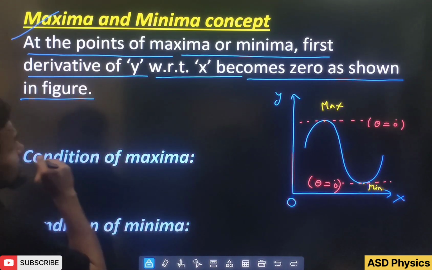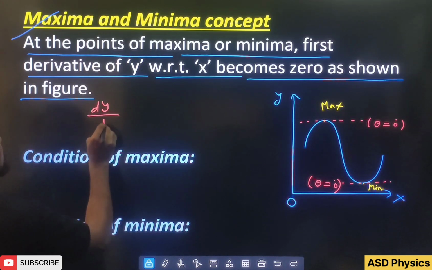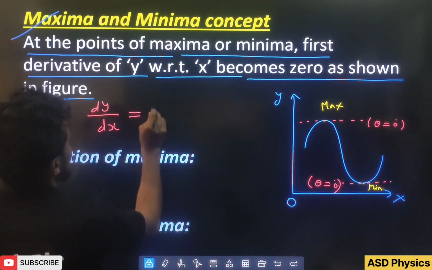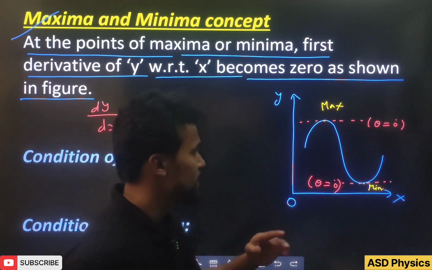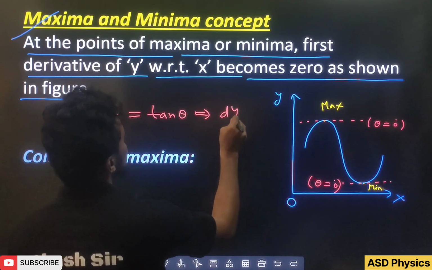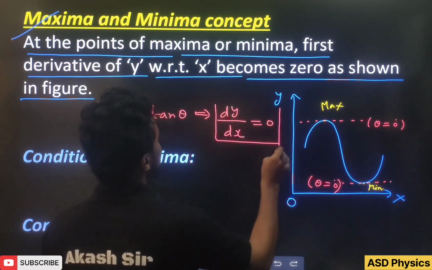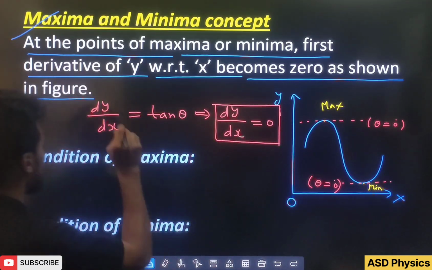So students, if we write the slope at any point, this slope is given by dy by dx, which is tan theta. Theta value is 0 and 0, because we have drawn the horizontal line. So whenever the maxima or minima is involved, this dy by dx will always be 0. Okay, remember that.